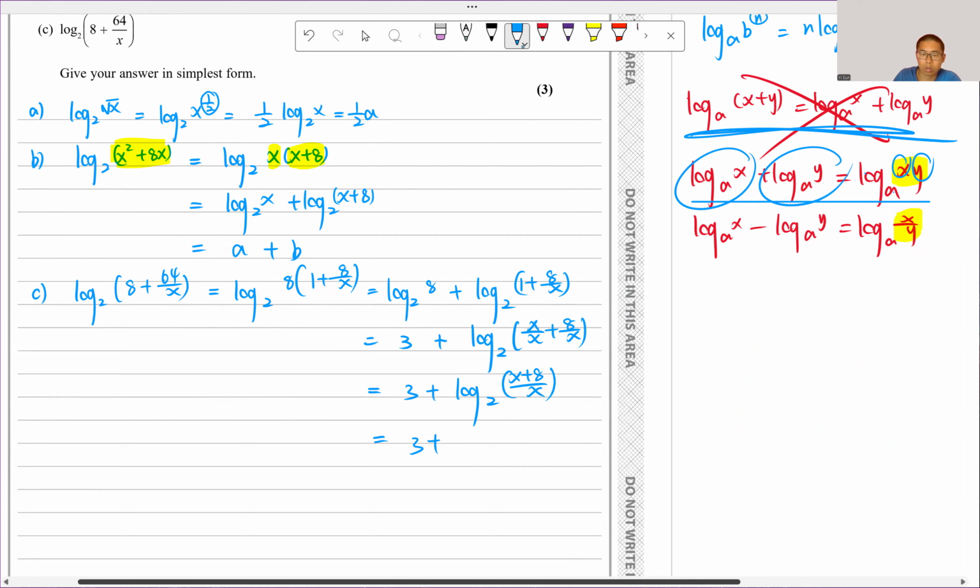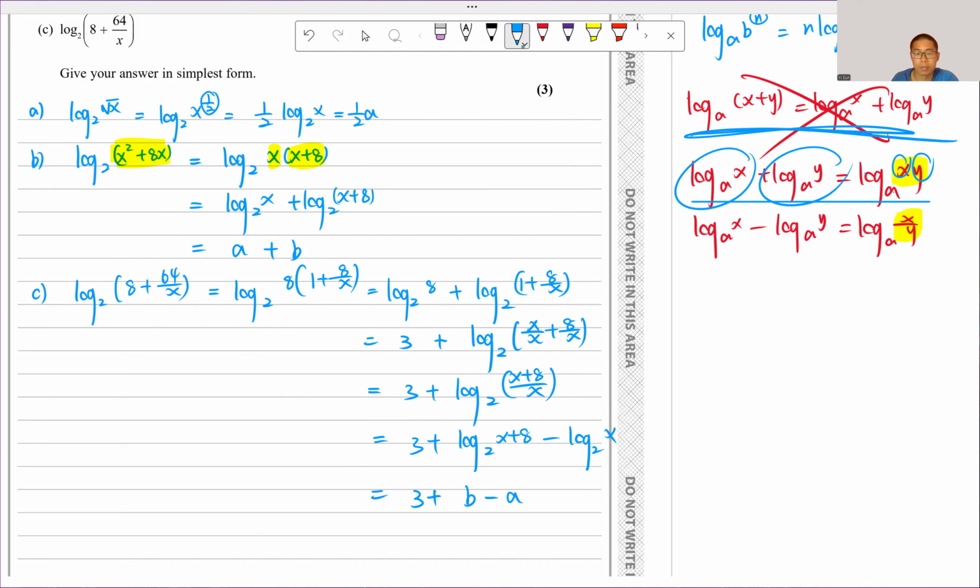Log base 2 of (x plus 8) over x is basically log base 2 of (x plus 8) minus log base 2 of x. So now we have 3 plus log base 2 of (x plus 8), which is b, and then log base 2 of x is a. So 3 plus b minus a is our final answer.